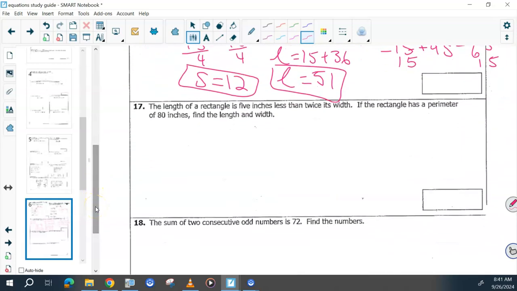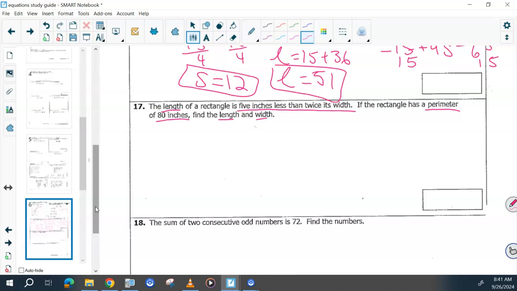So in 17, the length of a rectangle is 5 inches less than twice its width. If the rectangle has a perimeter of 80 inches, find the length and width. Or it might say find the dimensions to mean find the length and width. Where in this case, L is already length, W is already width.